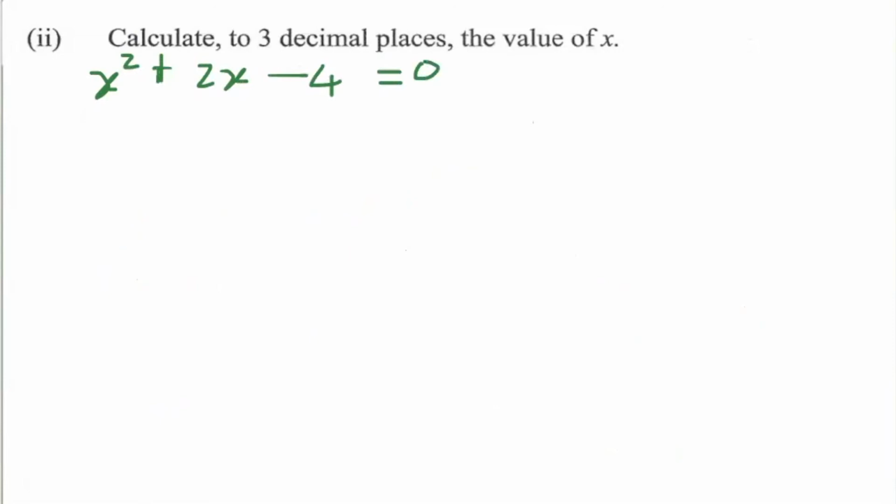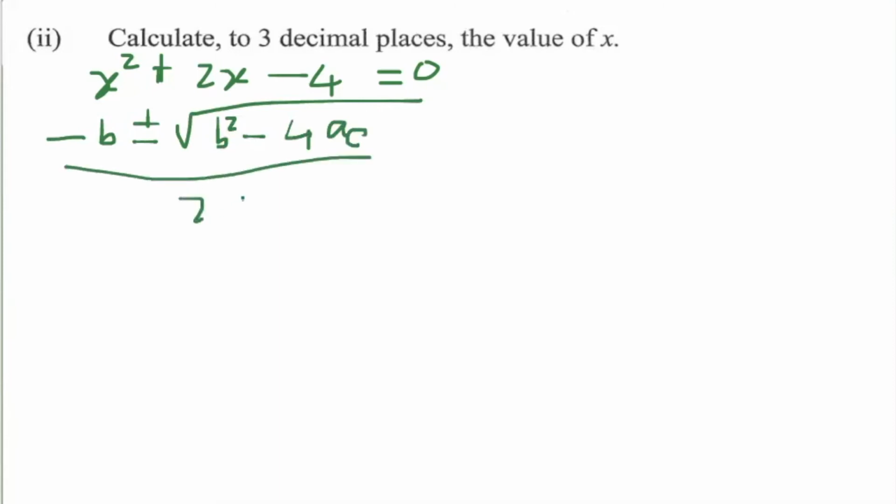I am solving this. Now, unfortunately, it cannot be factorized. There's no two numbers that multiply to give me negative 4 but add to give me 2. So I will be using the formula minus b plus or minus the square root of b squared minus 4ac all over 2a. Now I can identify what is a: a is the coefficient of x squared, that's 1. b is the coefficient of x, that's 2.